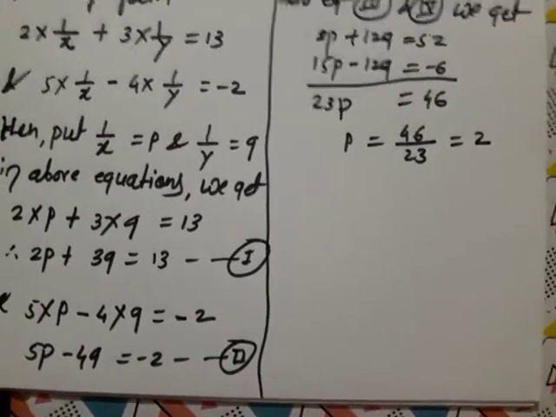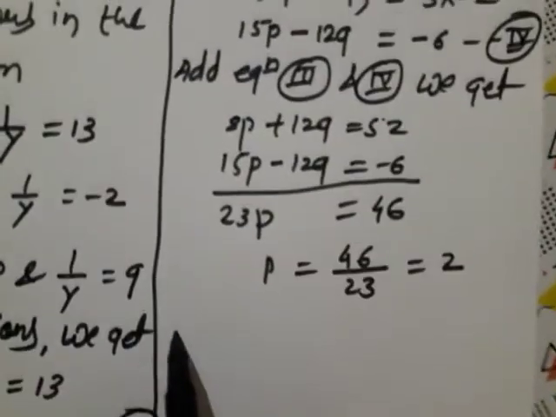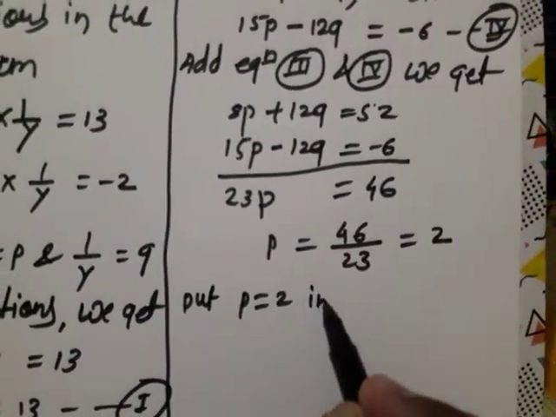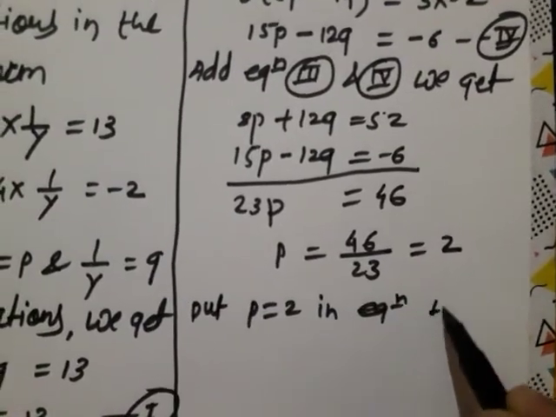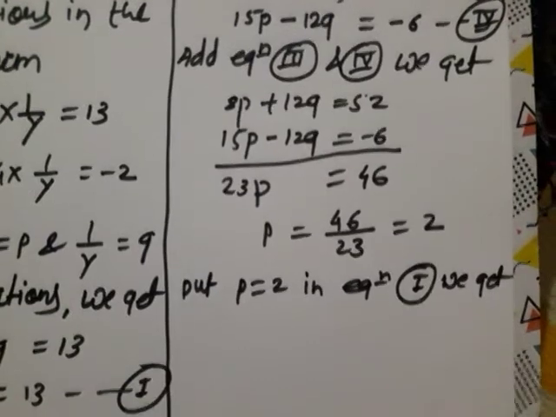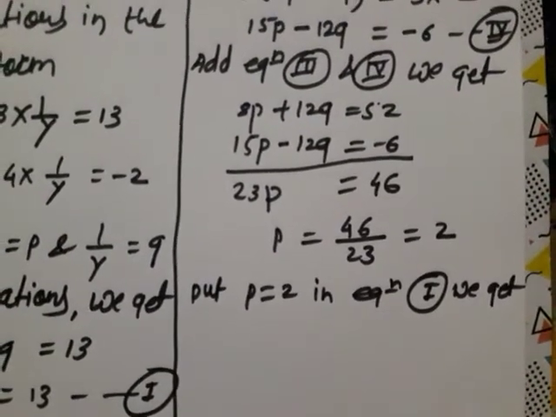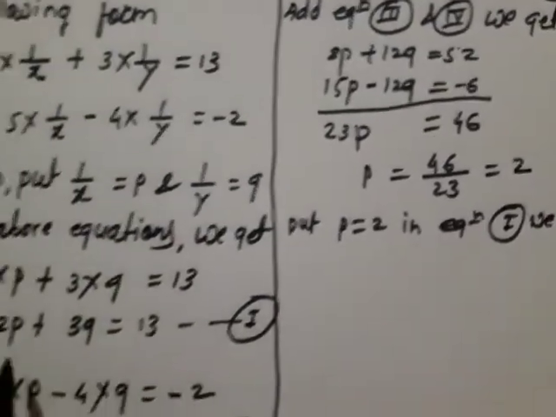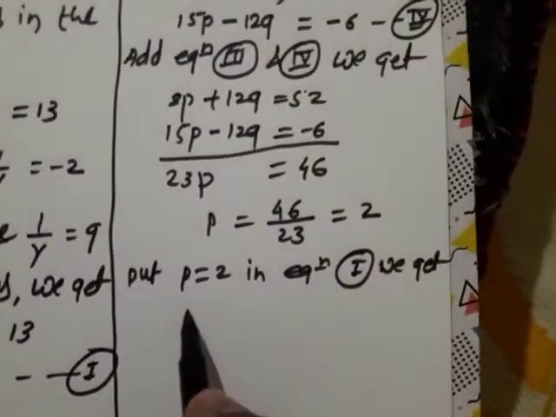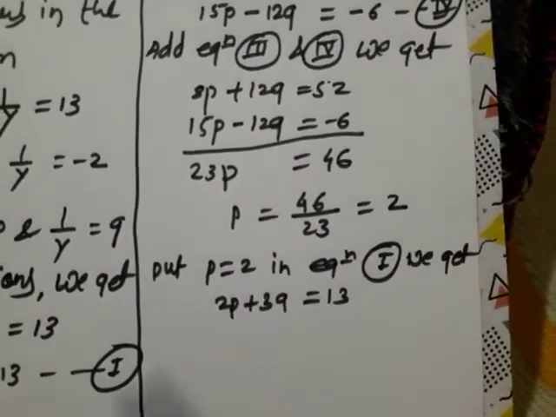What we will get? See, I will write here, put p is equal to 2 in equation 1, we get. What is the equation 1? Look here, 2p plus 3q is equal to 13.